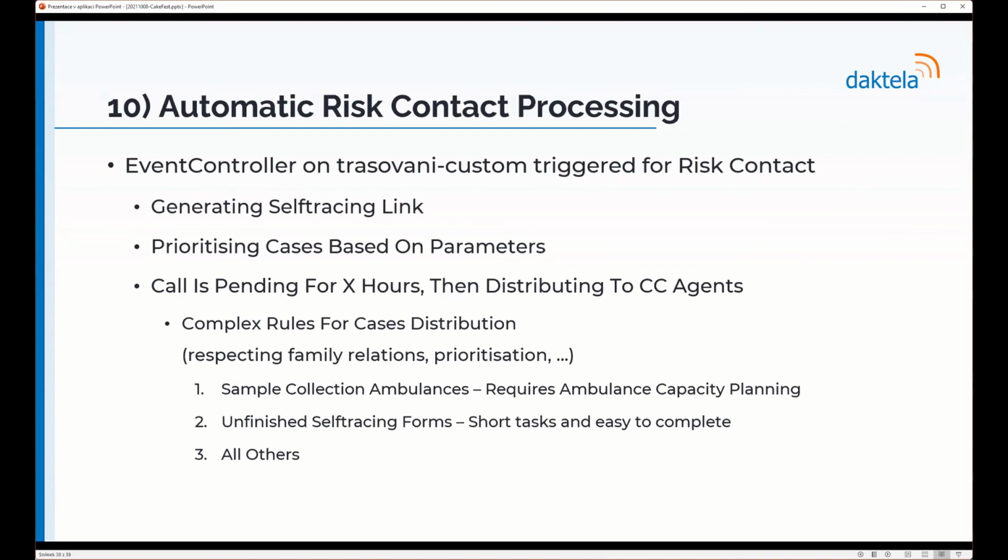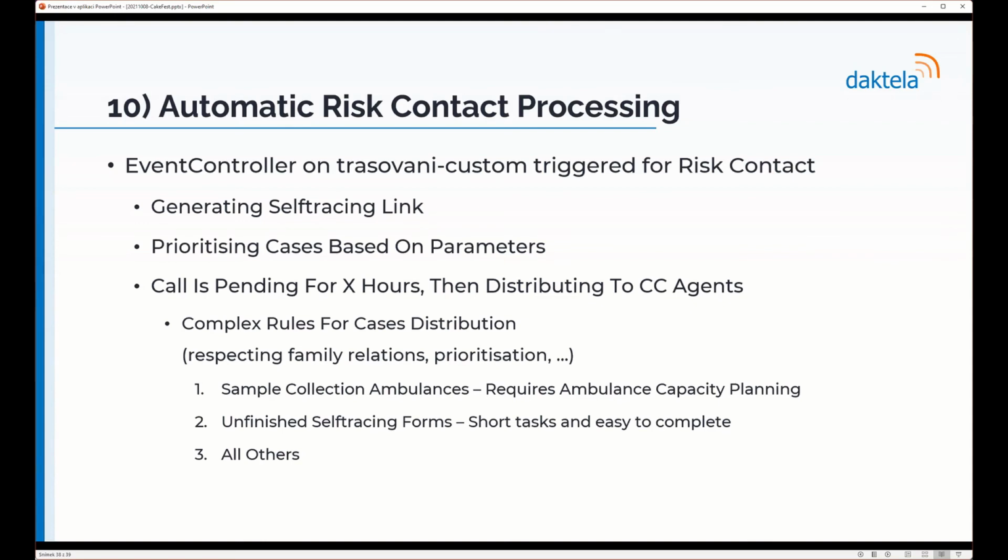There are pretty complex rules for the distribution to agents, because, for example, if the person says that he can't come to the collection place, you would want to send him an ambulance. So, for example, you would prioritize these people first. Then you would prioritize the unfinished self-tracing forms, because some people just can't fill in 100% of the data right.